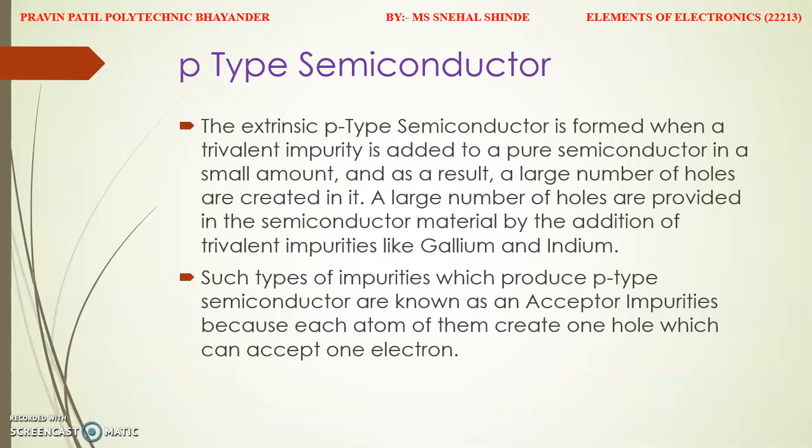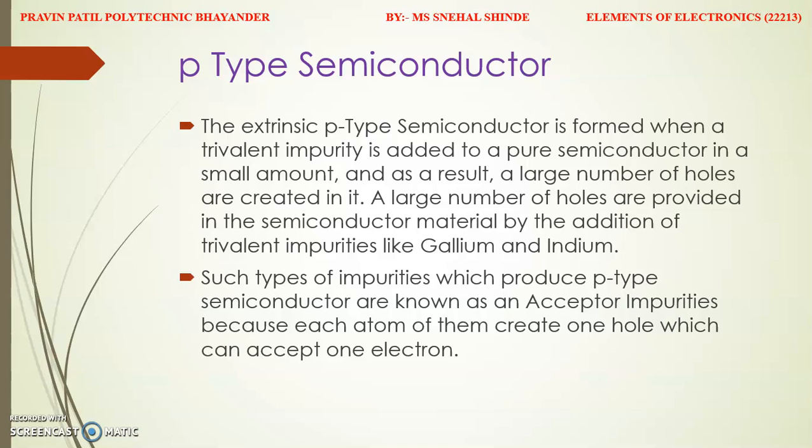A large number of holes are provided in the semiconductor material by the addition of trivalent impurities like gallium and indium. So a p-type semiconductor is formed by doping a pure germanium or silicon crystal with the trivalent impurity atoms.